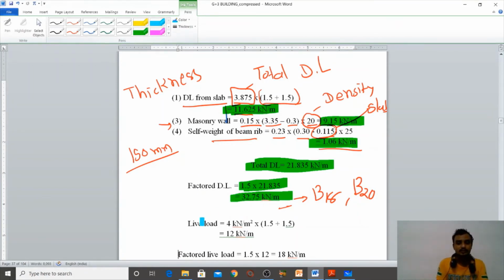Now we need the live load. The live load of 4 kilonewton per meter square, which is given, into 1.5 plus 1.5. So the total live load is 12 kilonewton per meter, which is transferred from the slab to beam.